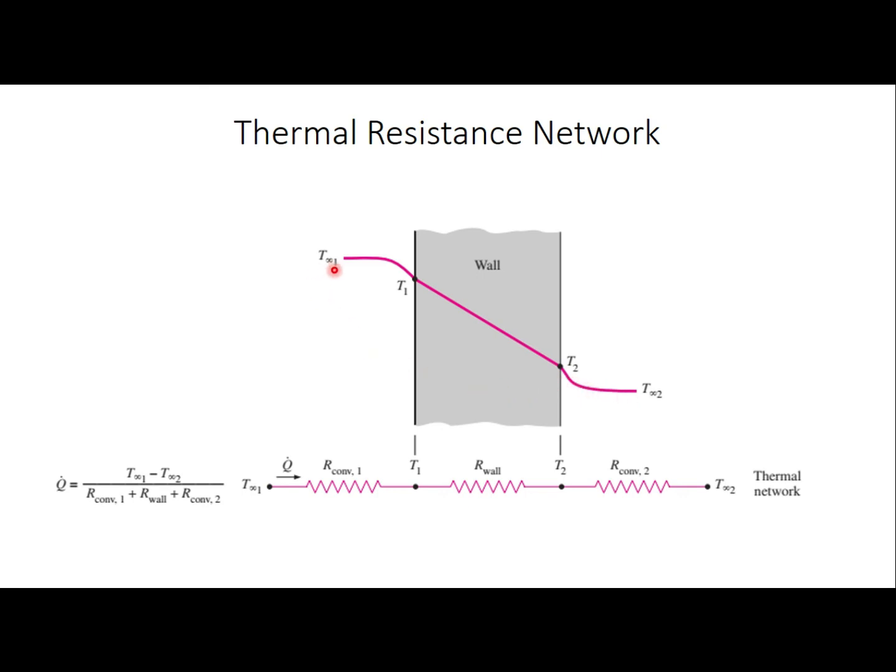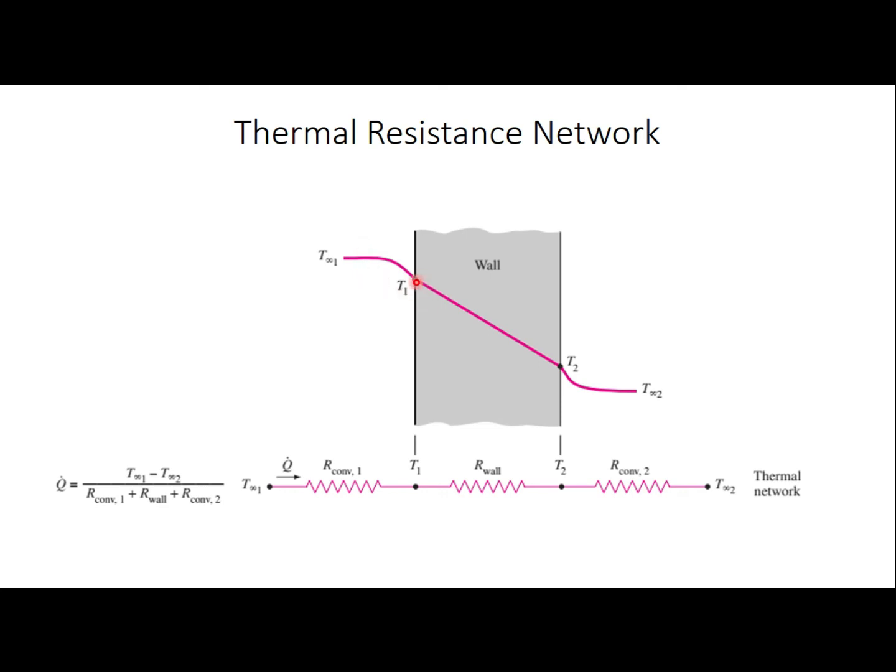So the resistance offered during the transfer of heat from T infinity 1 to T1 is known as R convective, because this is the convective heat transfer phenomenon.